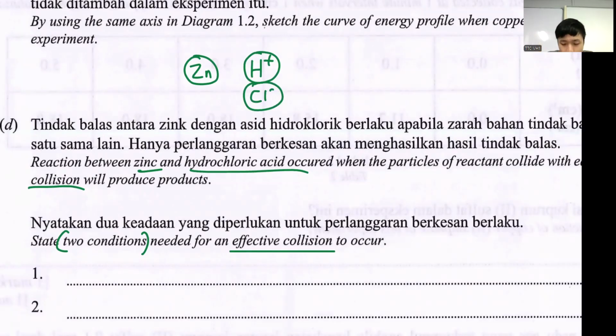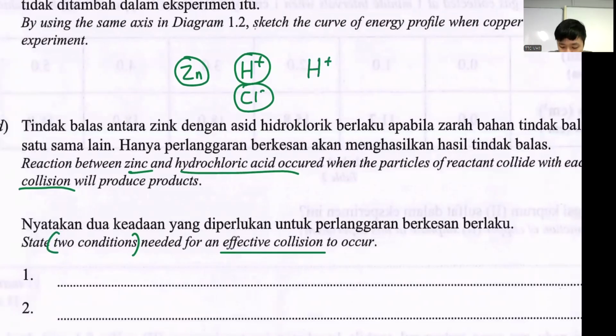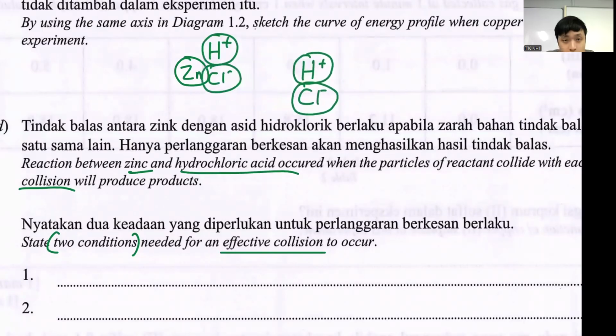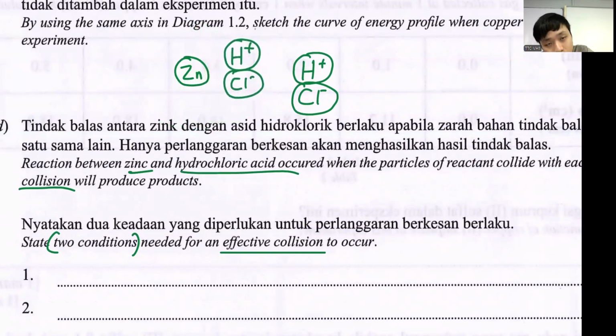So what happens is, see, this is the result. When this particle is trying to collide, they try to react with zinc, right? HCl tries to react with zinc.